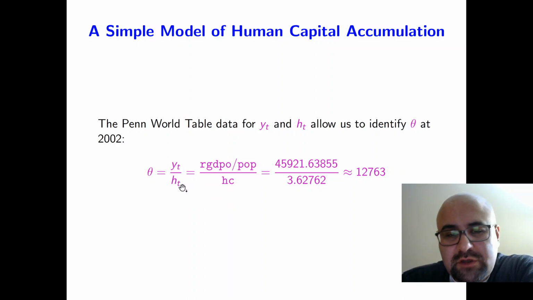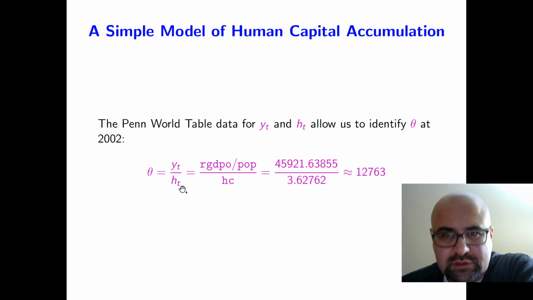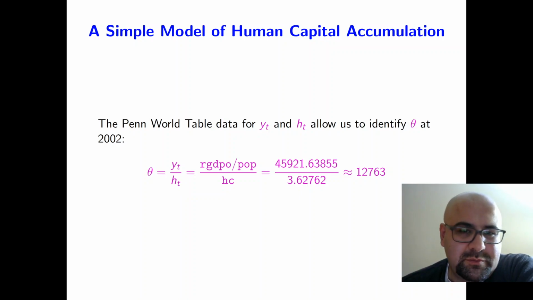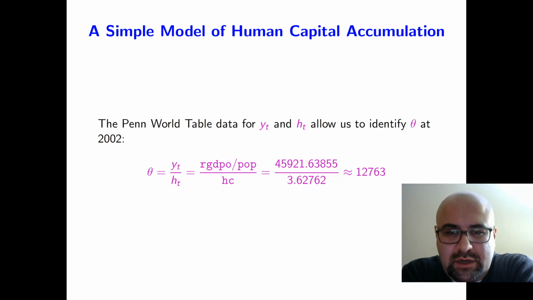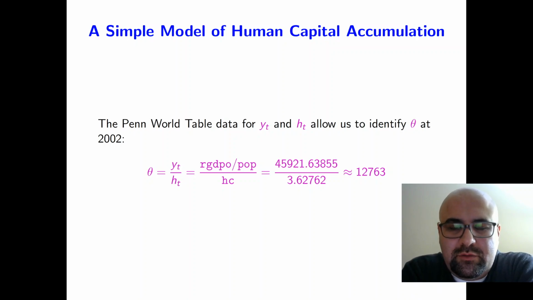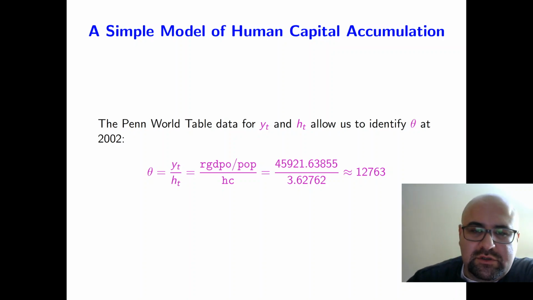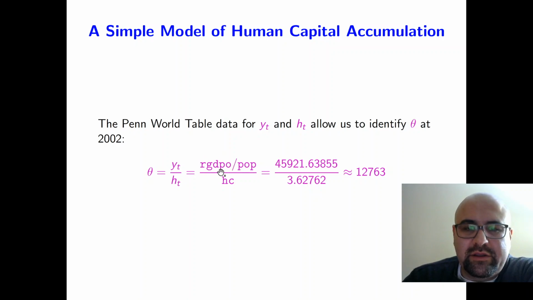Now, observing human capital is a difficult issue in the literature. There are numerous papers written on that, and some of them are written by my advisor Lutz Hendricks, so you may check his papers. But here we are going to use the Penn World Tables data. In the Penn World Tables, you have RGDPO, which is real aggregate GDP, and you have population data.